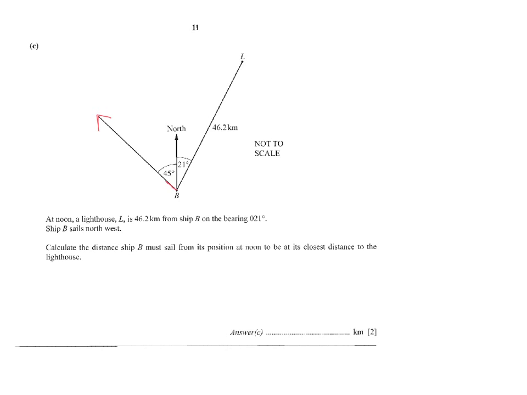So how far does he have to travel? His closest distance is when this angle is 90 degrees. Because if he goes further, then his distance to the lighthouse is going to be more and more. The shortest distance is always the perpendicular distance. So they're asking, how far does he have to travel for that to happen?